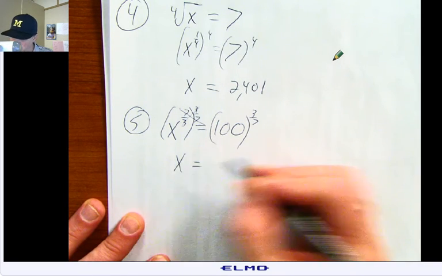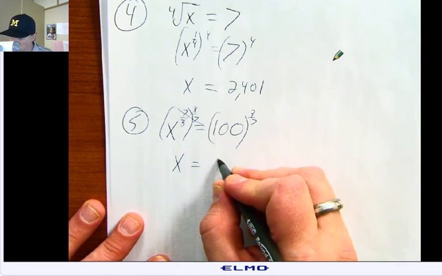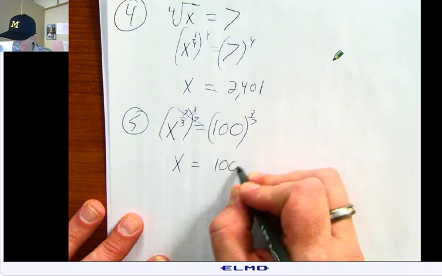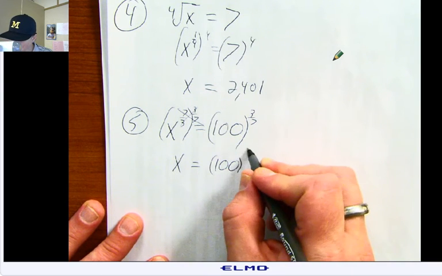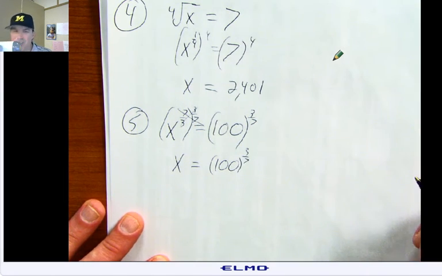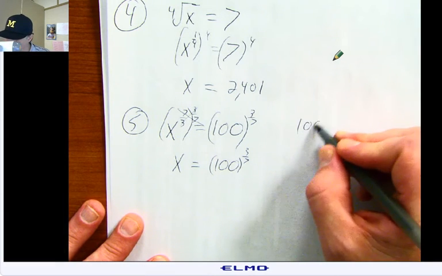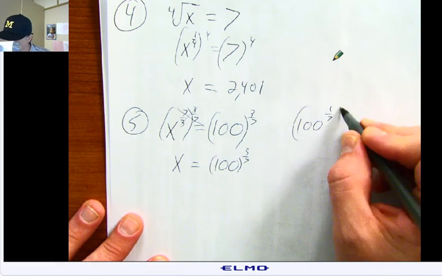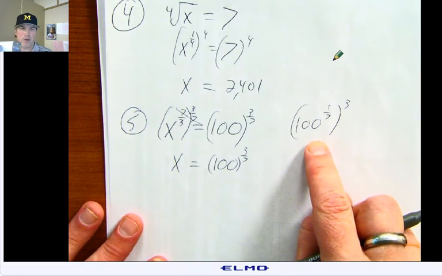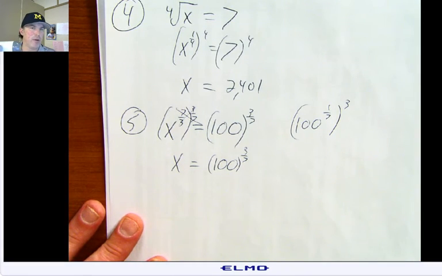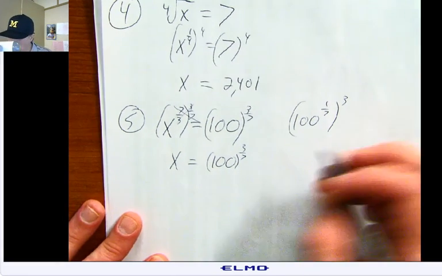You're left with x by itself over here, and over here you have 100 to the 3/7 power. Well, if you try to do this by hand, you have 100 to the 1/7 power, all that cubed. We don't know 100 to the 1/7. That would be a weird answer. So we're just going to use our calculator.